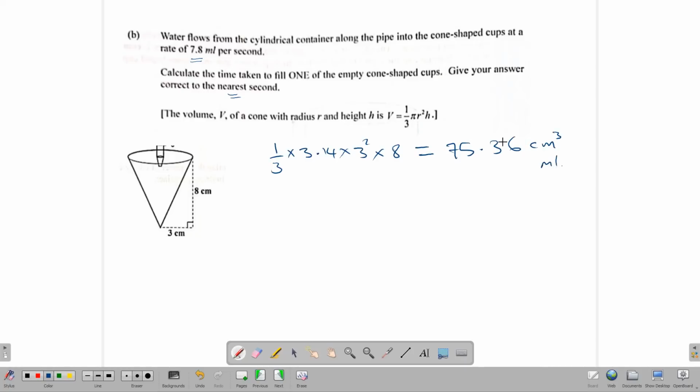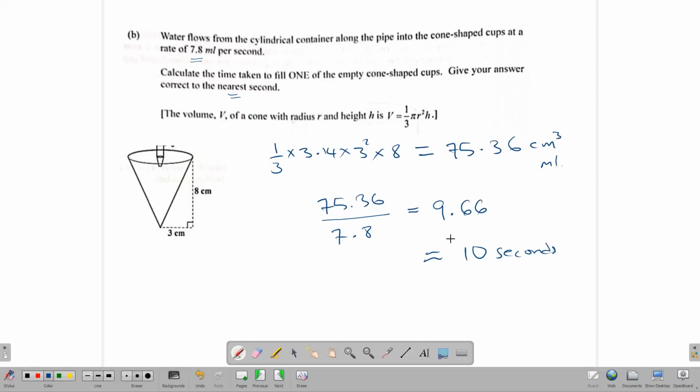And since the cone holds this amount of water, and water is coming in at a rate of 7.8 milliliters per second, we can do a division by saying 75.36 divided by 7.8. And once we do that division, we end up with approximately 9.66, which is approximately 10 seconds to the nearest second.